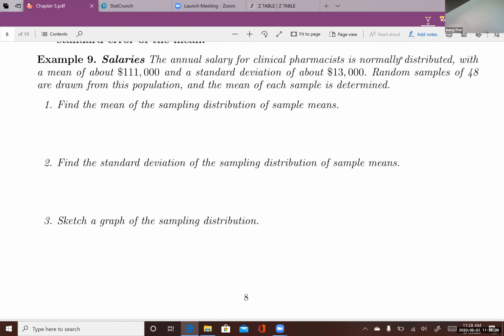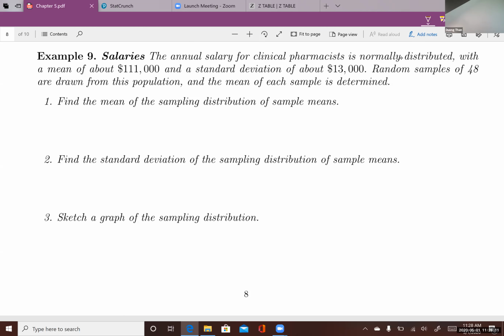Let's look at the next example, example number 9, salaries. The annual salary for a clinical pharmacist is normally distributed with a mean of $111,000 and a standard deviation of about $13,000.